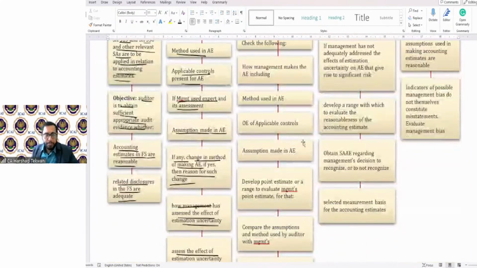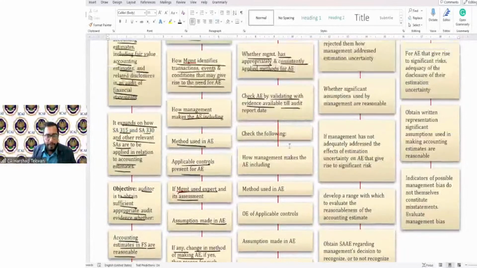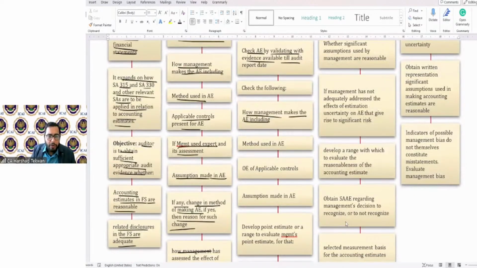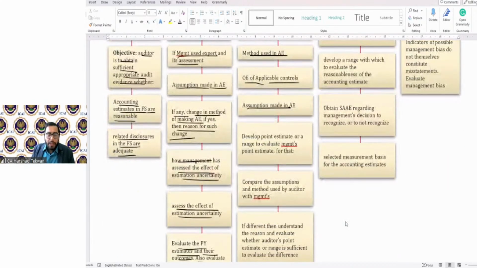Okay. So where we were: we need to check how management makes the accounting estimate, including the method used, the operating effectiveness of the applicable controls in the accounting estimates, and the assumptions made. Then the auditor is required to develop a point estimate or a range to evaluate management's point estimate.